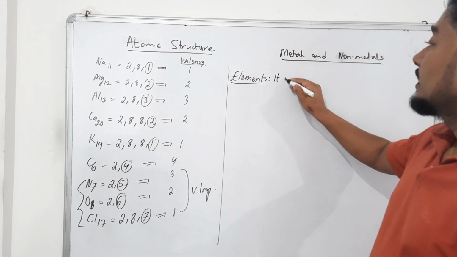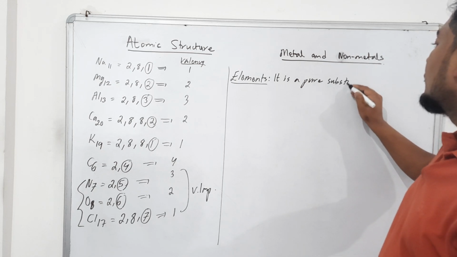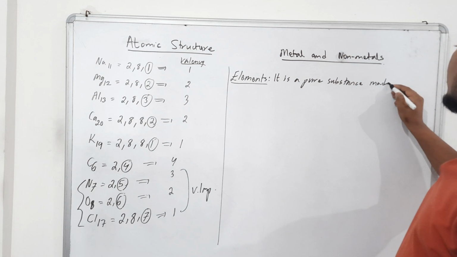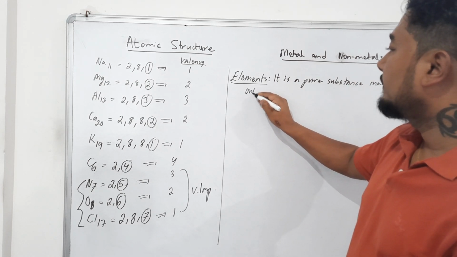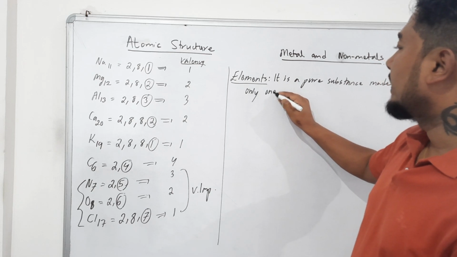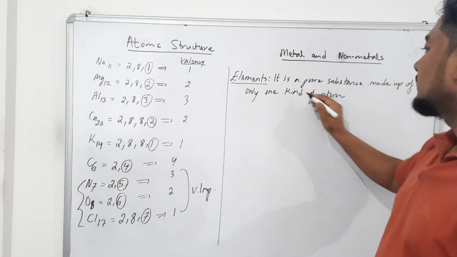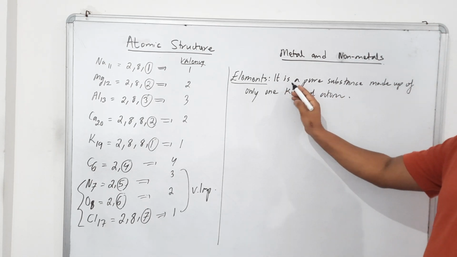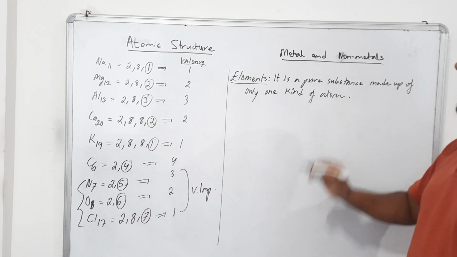I like to say it is a pure substance made up of only one kind of atom. So if anyone asks what is an element, you have to say it is a pure substance made up of only one kind of atom.